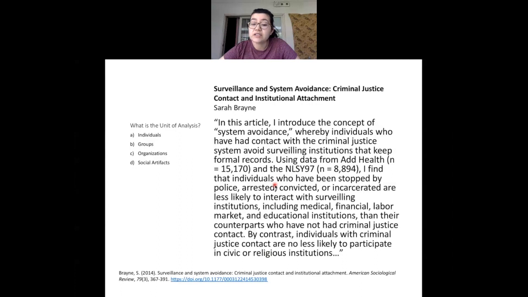By contrast, individuals with criminal justice contact are no less likely to participate in civic or religious institutions. So, the unit of analysis is what do you think in this situation? This is a little bit of a tricky one.